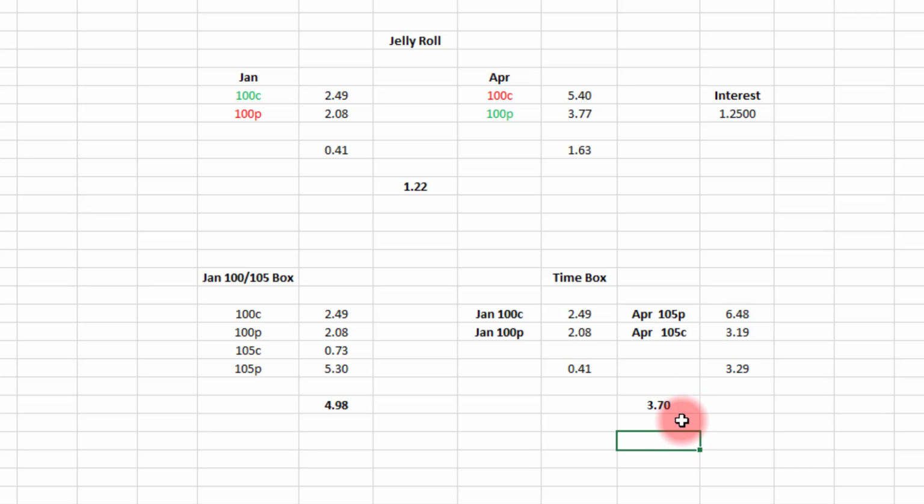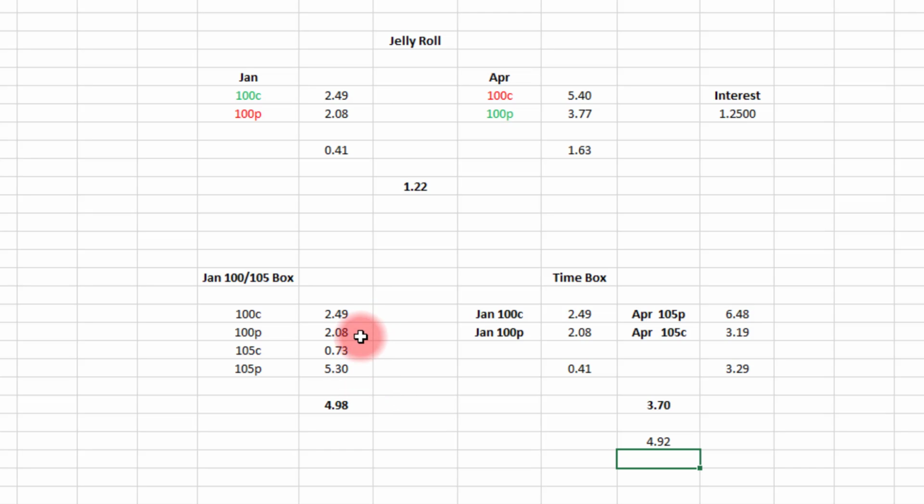Well, for instance, we know the value of the time box, and that's a lot easier to determine. That's just mathematically based. So let's take the value of the time box and add it to the value of the jelly roll. Also easy to determine, very mathematically based, and we find out it's worth $4.92. And now I know that's what the box spread should be trading for. Again, it's not lining up exactly, but pretty close.